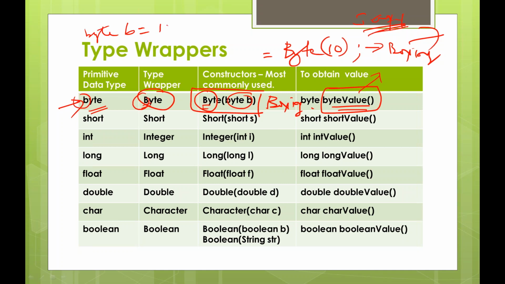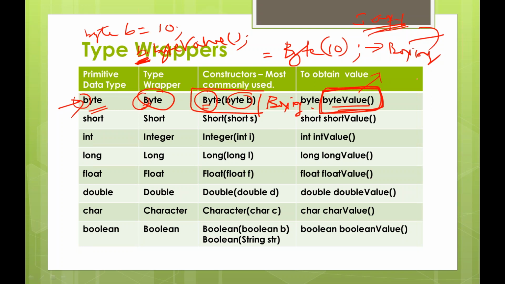Byte b is equal to 10, so you cannot call b dot byteValue because this is not an object. This is a method, so it has to be called on an object.